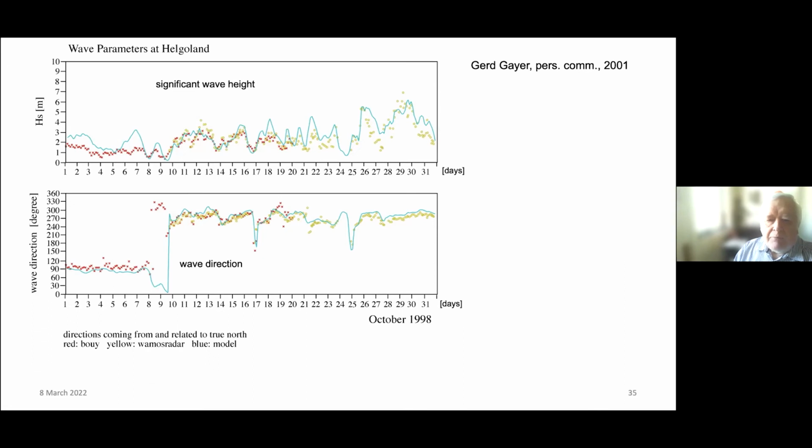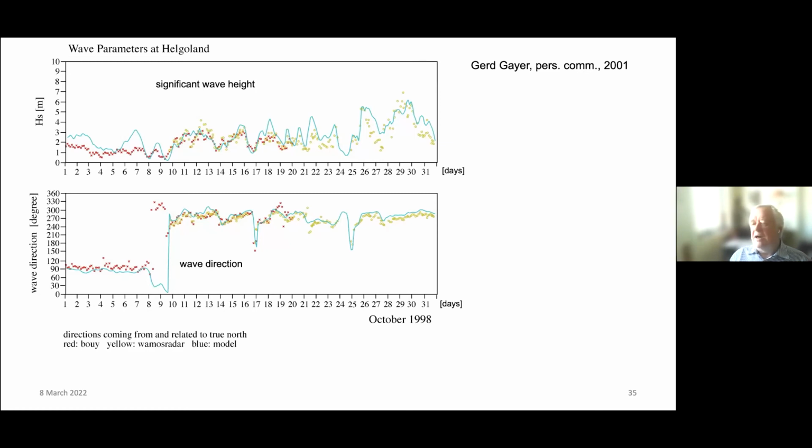In red, you have a buoy sitting, which was taken out in about the 20th or so of October. And in yellow, we had a radar sitting on the beach. The lower diagram is the wave direction. First of all, you see that the radar and the buoy are having about the same results. But you see also that the model is reproducing what these instrumental data are indicating quite nicely.